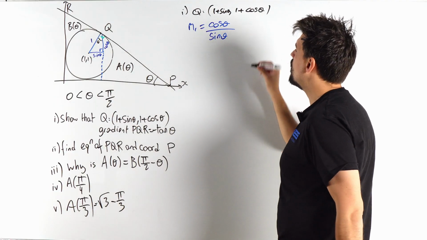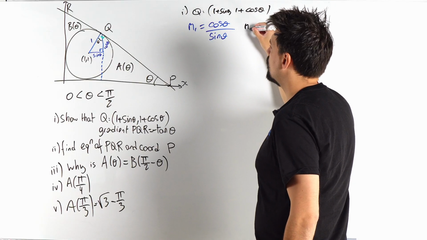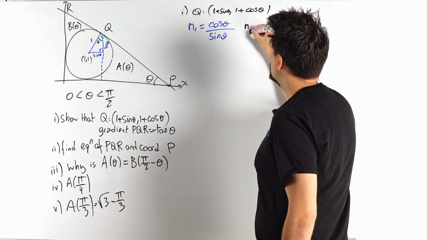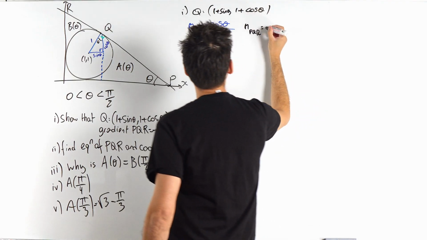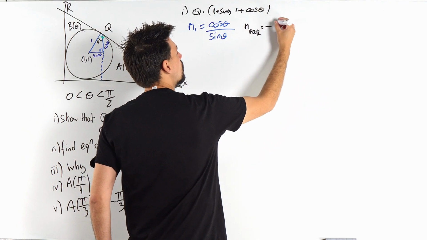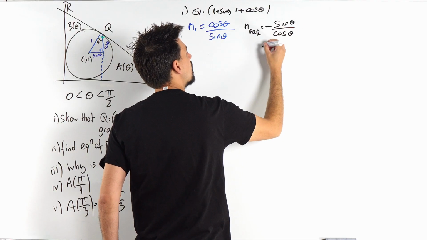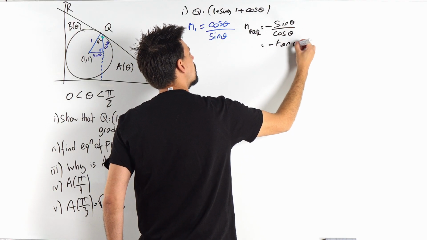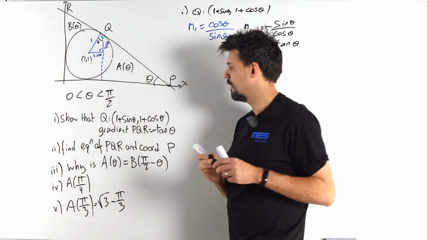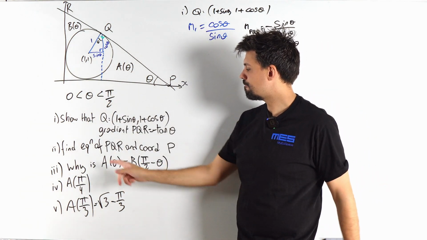And that blue radius is perpendicular, so the gradient of PQR is the negative reciprocal: minus sine theta over cos theta, which is negative tan theta. So we're on our way.